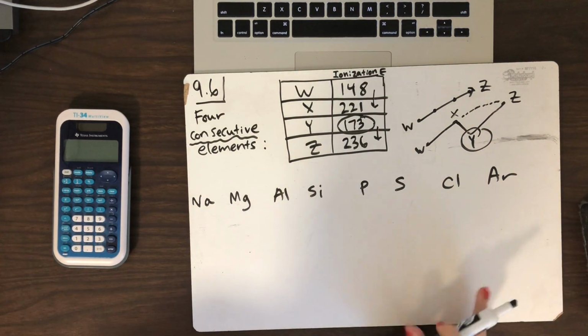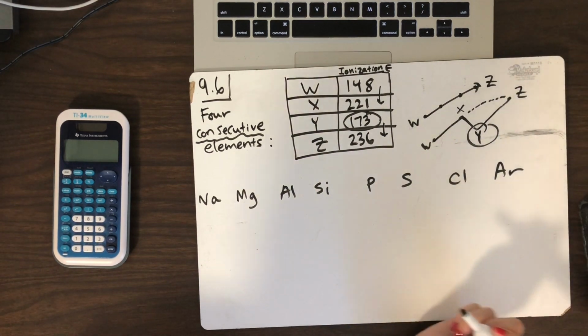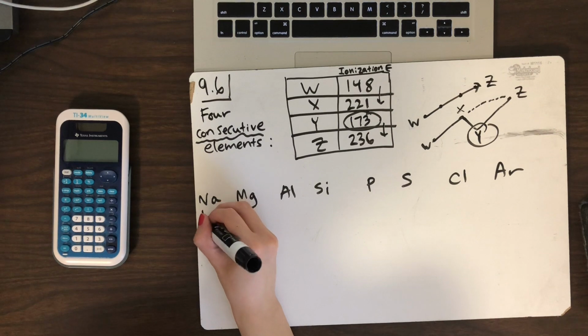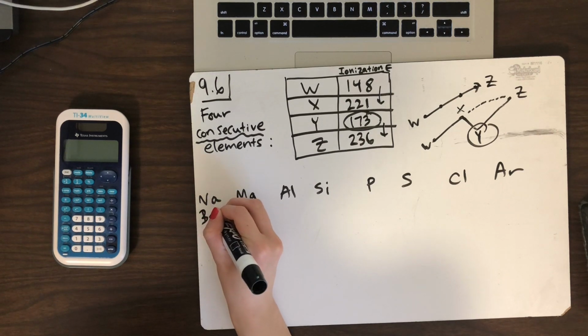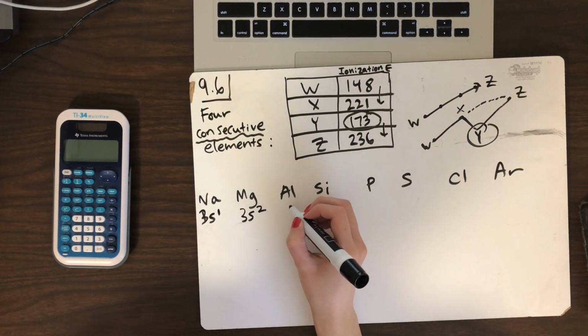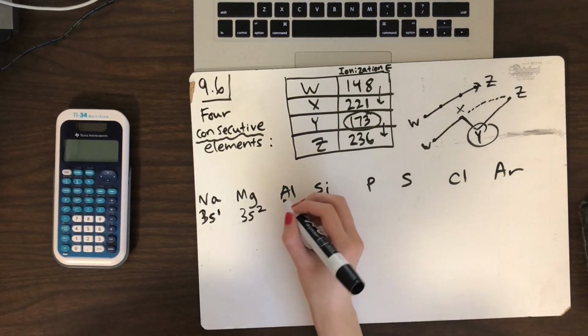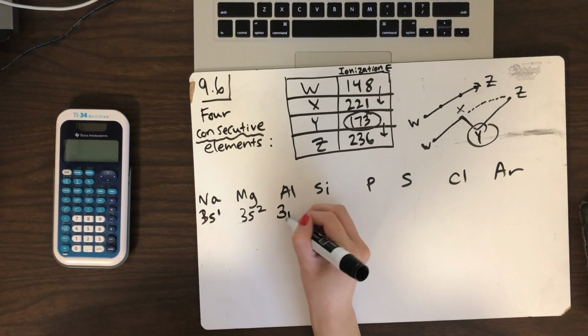So ionization energy is based on that first, that very outermost valence electron. So let's quickly just think about the electron configurations. So Na is 3s1, then Mg is 3s2, and then Al, all the s's are going to be the same from here on out. So let's just look at P. So that's going to be 3p1.